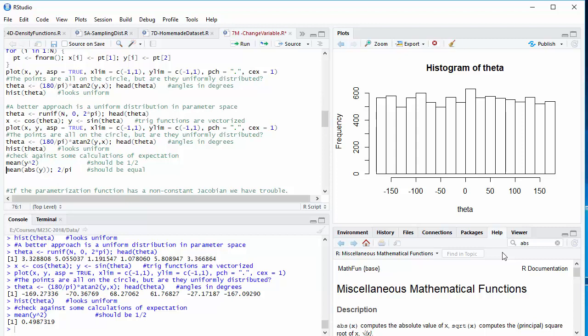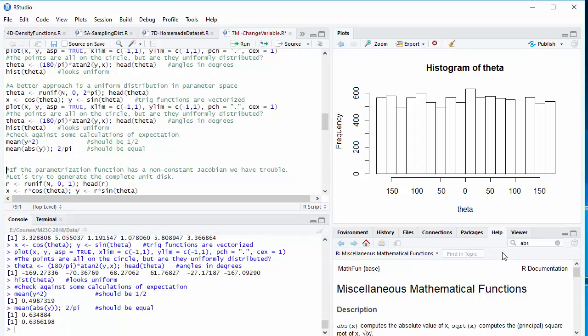And the answer is it is distant 2 over pi from the center of the circle. If you want to think of this as a probability problem, you can say, consider points uniformly distributed on the unit circle. What's the expectation of the absolute value of one of the coordinates? And the answer is it's 2 over pi.